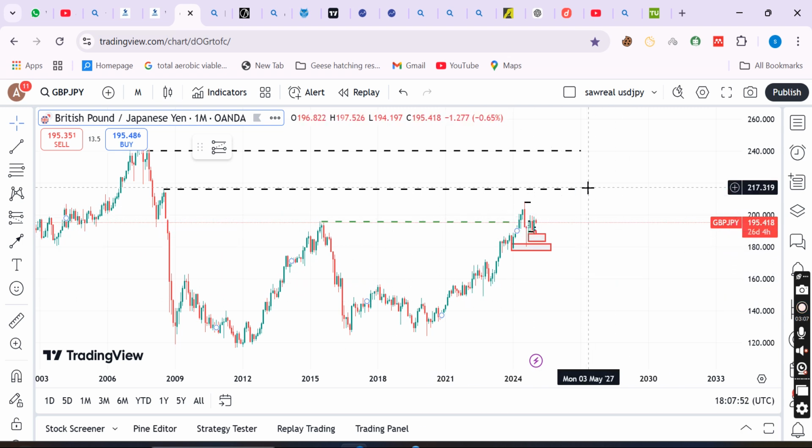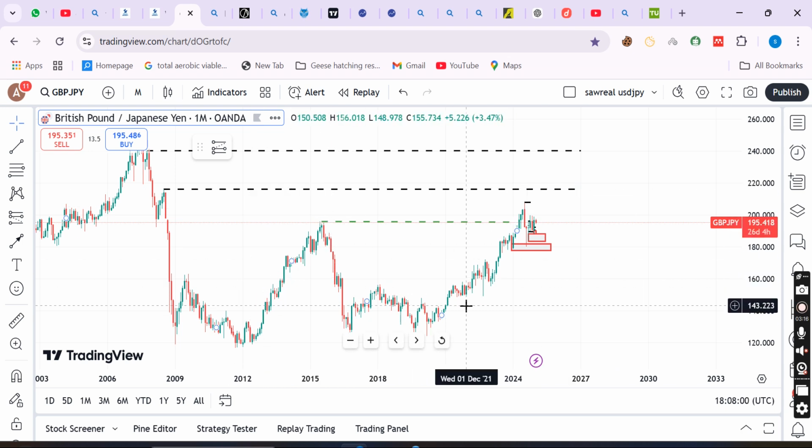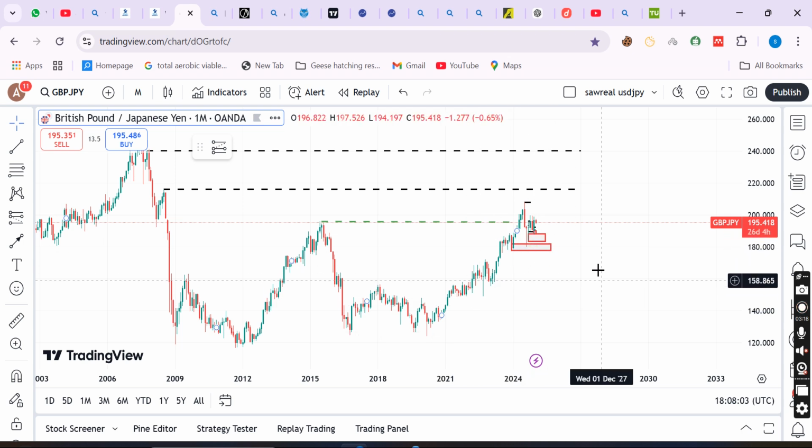And so ideally price wants to be bullish, like from the monthly perspective, price is bullish.